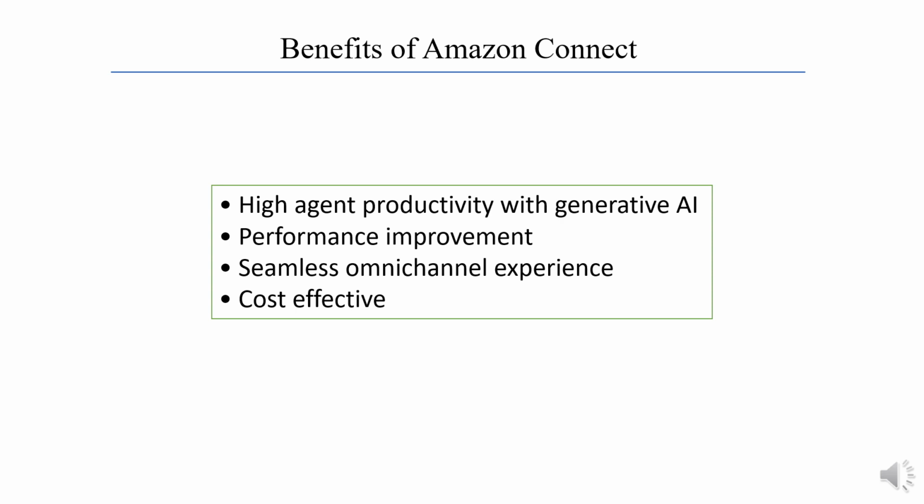High agent productivity with generative AI. Amazon Connect empowers contact center agents to deliver superior customer experiences from day one. With Amazon Q, a generative AI-powered assistant available in Amazon Connect, customer issues are automatically detected, and agents are provided contextual customer information and suggested responses and actions for faster resolution, all within the unified workspace.